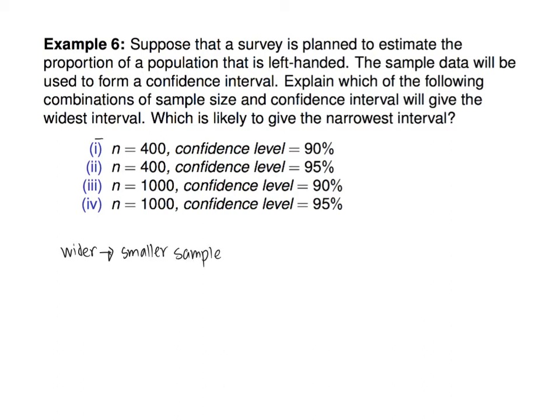Okay, well that makes these two candidates for a wider. And your interval is also wider if you have a bigger multiplier. So of those two, 95% is going to have the bigger multiplier. So this is going to be the widest.